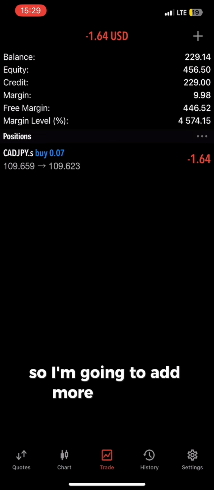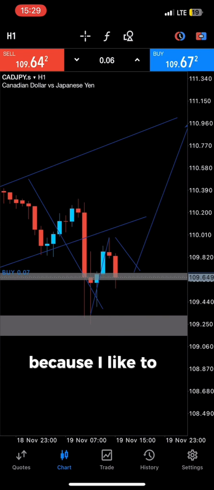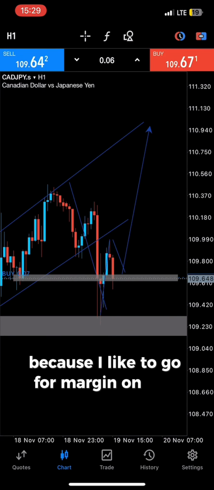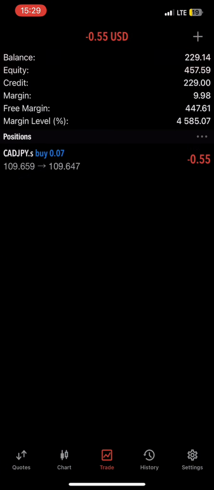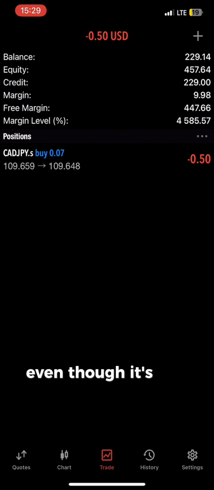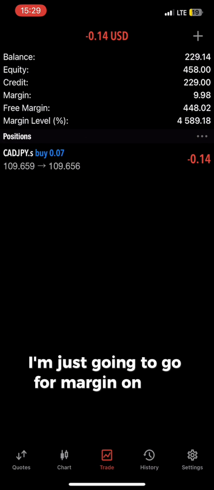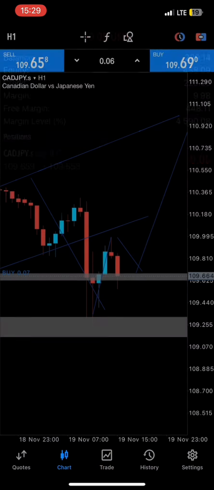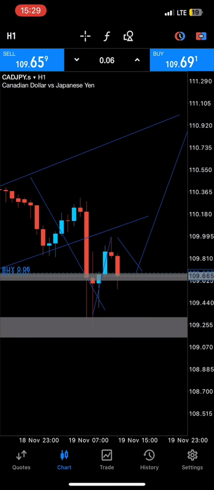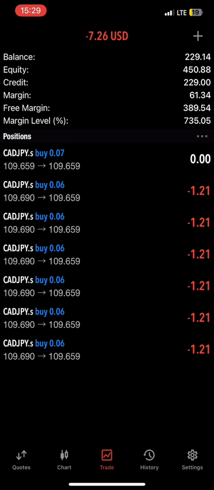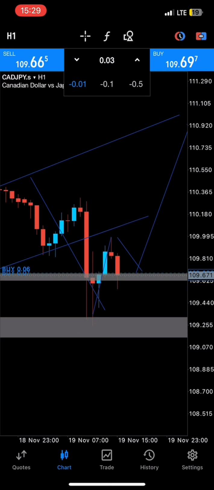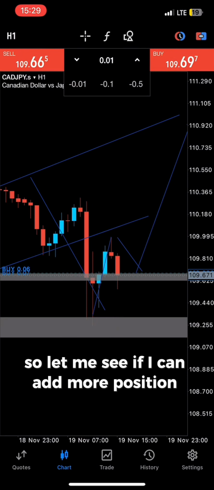I'm going to add more position because I like to go full margin on this one, even though it has a lot of risk. I'm just going to go full margin on this one. So let's go. Let me see if I can add more position.